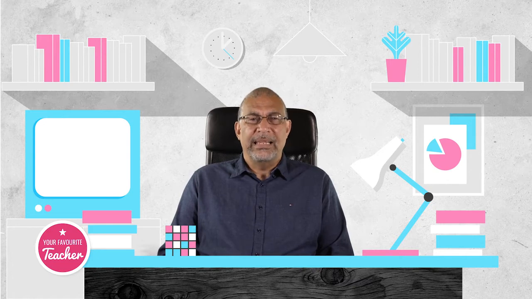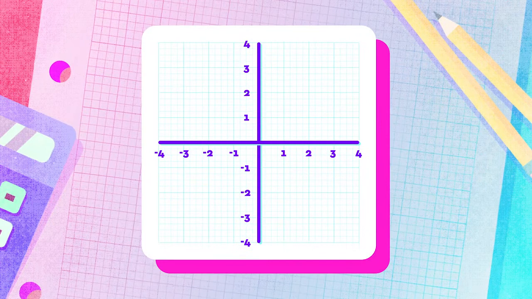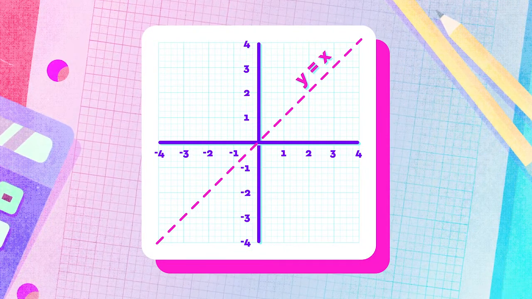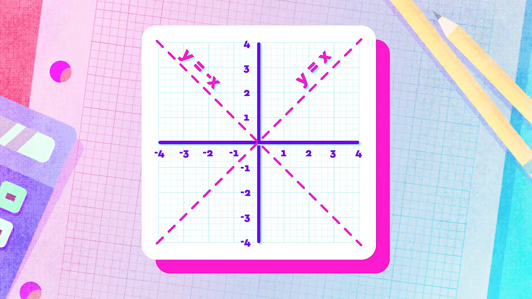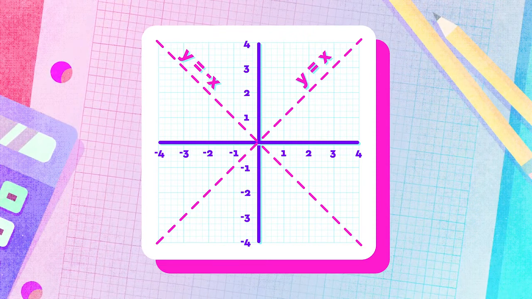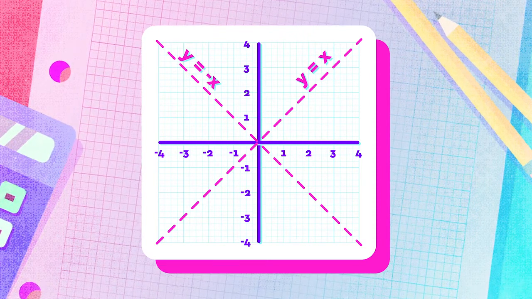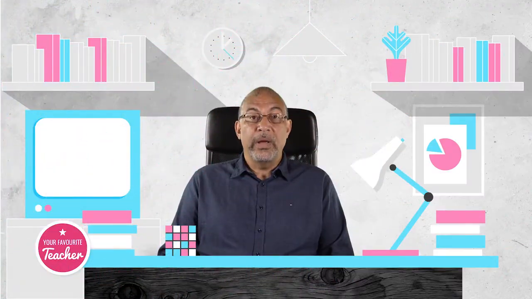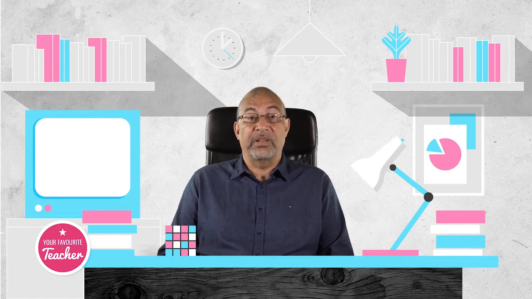However, there's also a situation where the mirror line can be a diagonal line. The equations y equal x or y equal minus x produce lines that run through the diagonals of the grid boxes. When we are confronted with the mirror line being one of these lines, we must be careful when drawing a reflection.